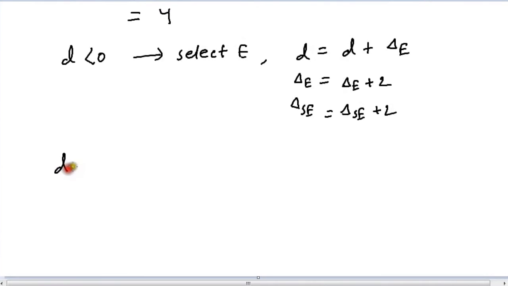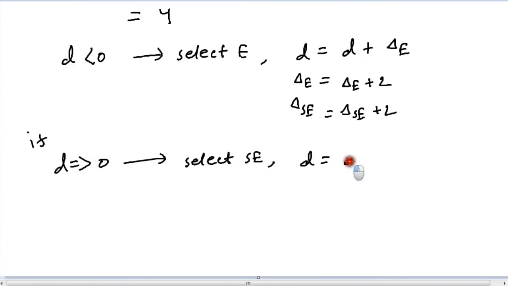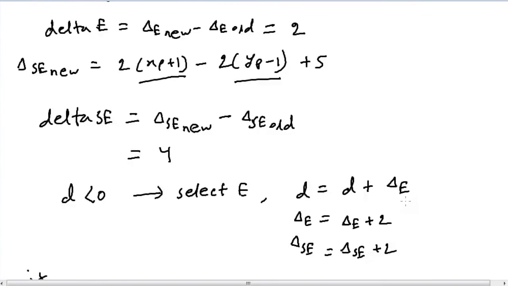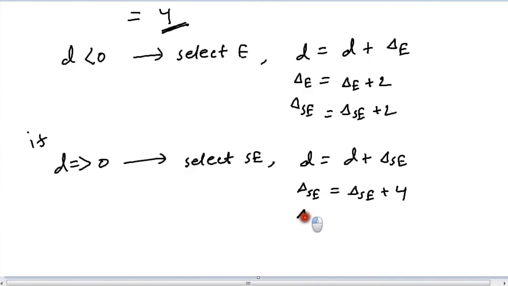On the other hand, if D is greater than or equal to 0, then we select SE, we update D by del SE, we update del SE by adding 4 to it, because in case of choosing SE our difference was 4, and we update our del E by 2.